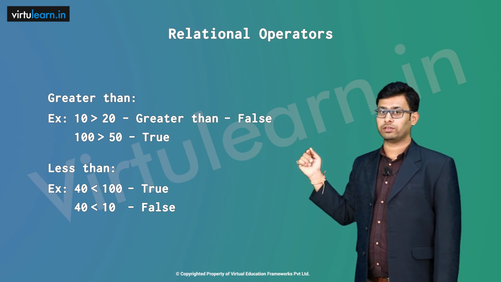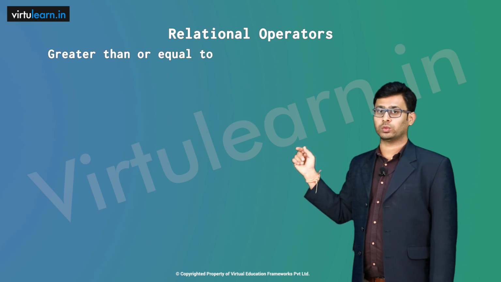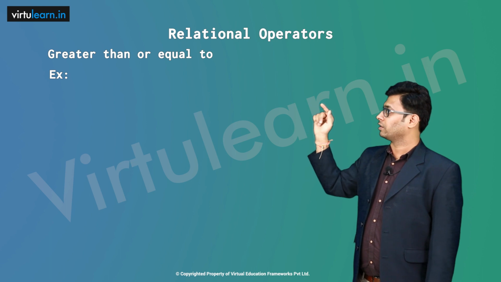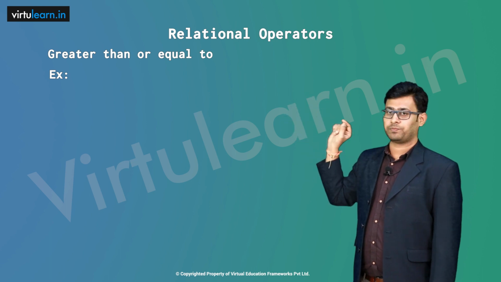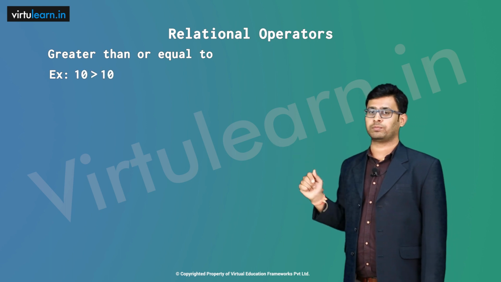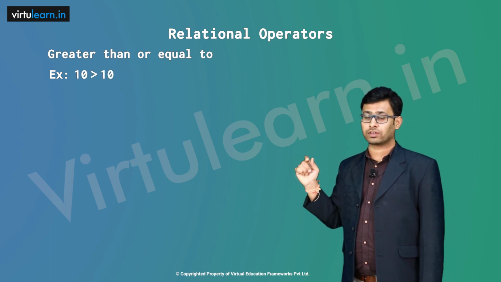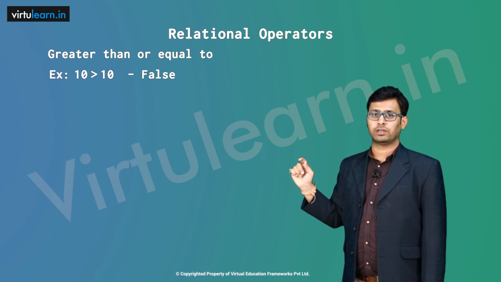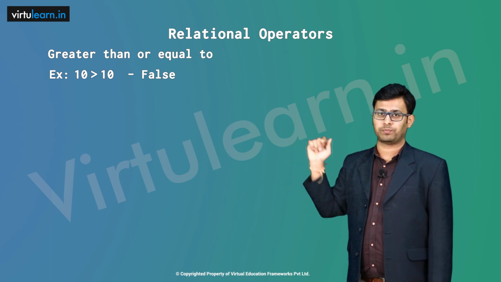Next, the third one is greater than or equal to. In the earlier case, we saw greater than. Now if I ask, is 10 greater than 10? The answer is obviously false, because 10 cannot be greater than 10.